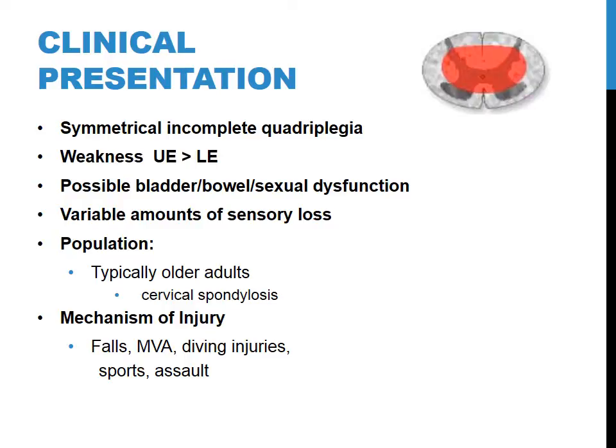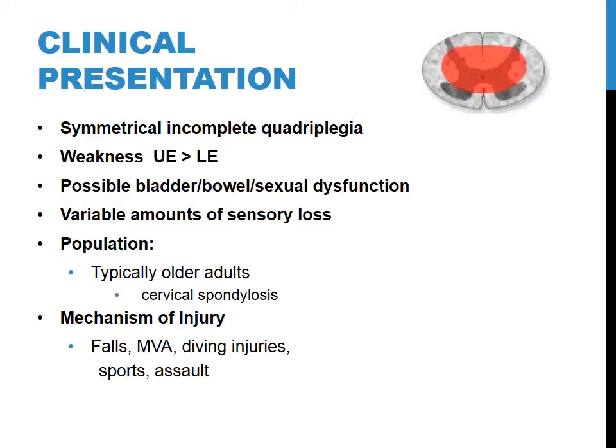So, like I said, the damage is in that red region there, the most medial. It makes sense that in this condition, the most affected extremities are the arms and especially the hands. The patient will actually have flaccid paralysis of their upper extremities initially.